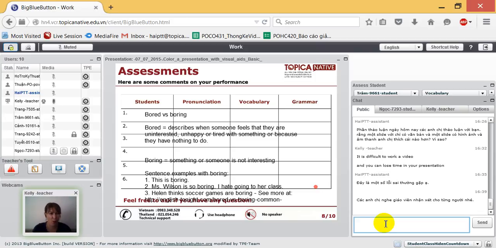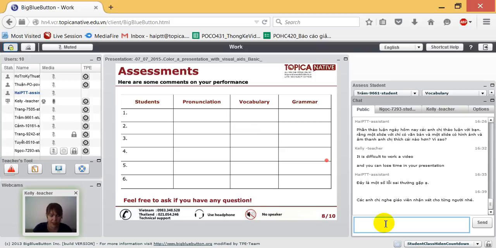They don't like it, they are not interested. Versus boring, which describes something or someone that is not interesting. So it's very different. Let me put these up on the slide a little better. Let's look at some examples.